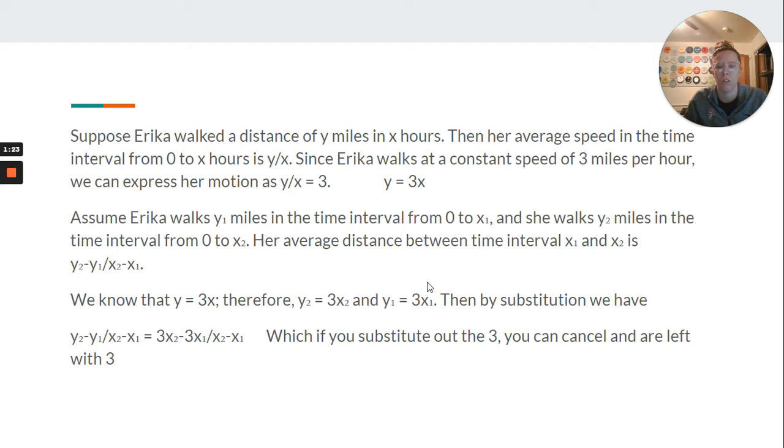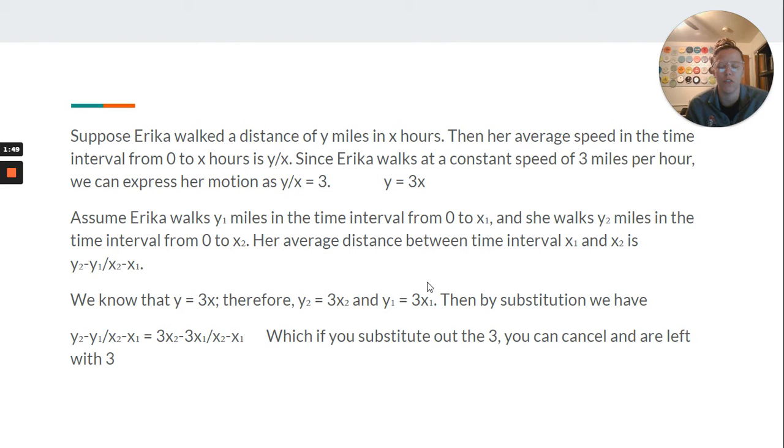So assume she walks y1 miles in the time interval from 0 to x1, and she walks y2 miles in the time interval from 0 to x2. Her average speed between time x1 and x2 is y2 minus y1 over x2 minus x1. We know that y equals 3x, therefore y2 equals 3x2, and y1 equals 3x1.